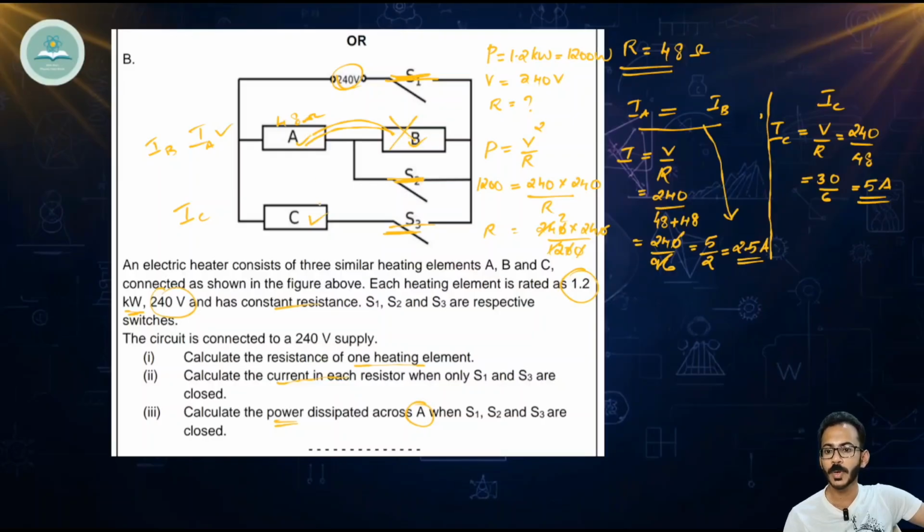Now we only have A and C, which are connected in parallel. Now we have to calculate the power dissipated across A. So how much power will be there across A?